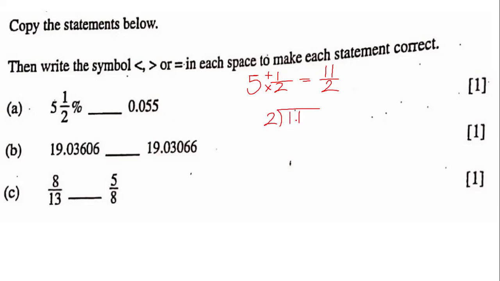2 goes into 11 how many times? 5 times. 2 times 5 is what? 10, very good. And 11 minus 10 is what? 1. So we put the decimal point, right? Which gives us the permission to add an imaginary 0, right?